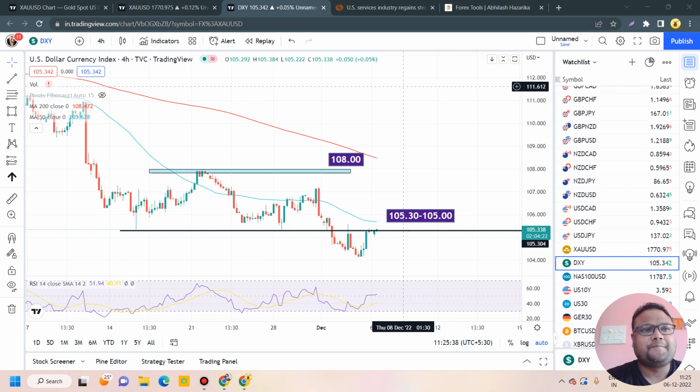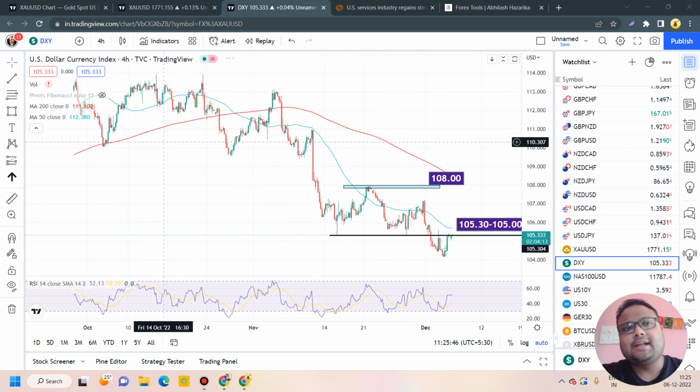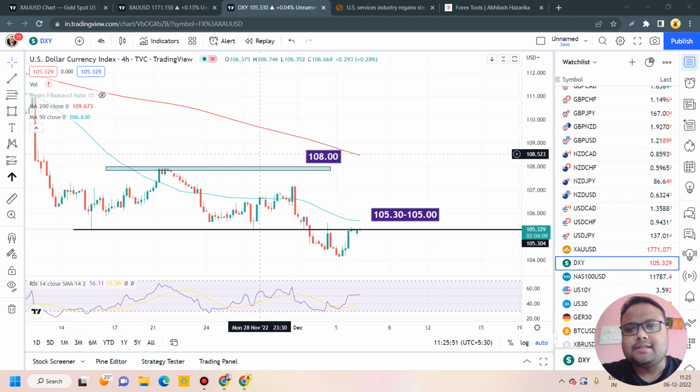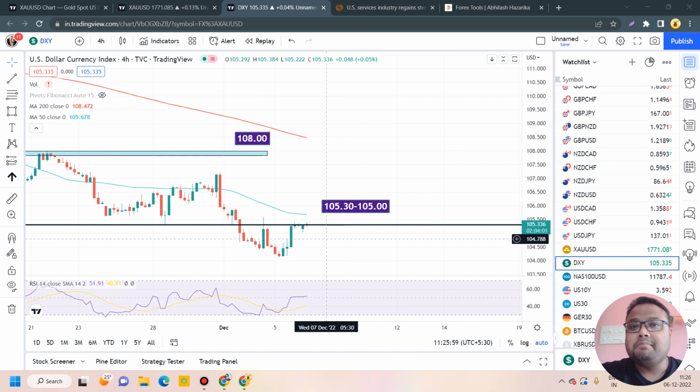So let's get started. This is the 4-hour chart of DXY, the US Dollar Currency Index, and as we all know, DXY was struggling for the last couple of days and the market was in severe dominance of sellers. But yesterday, things were not very positive, yet somehow there was some good recovery on DXY, and it made it to the level of 105.30.